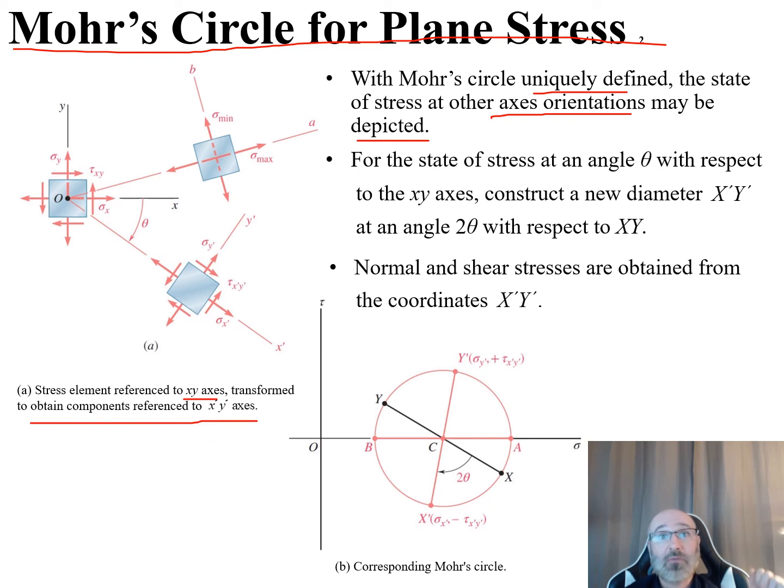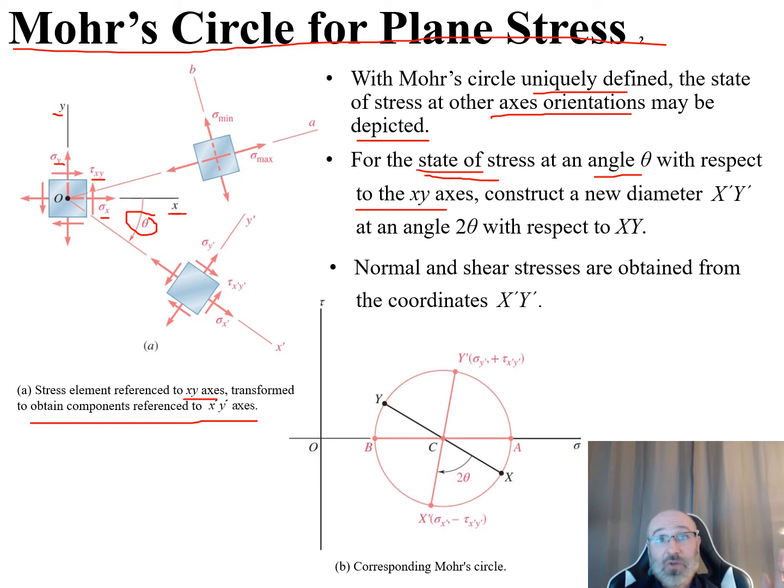Now what we can notice is that for the state of stress at an angle theta, with respect to our standard XY axis, we have our sigma x going in our pure x direction, our sigma y going in our pure y direction, and our tau xy, according to our xy coordinate system.